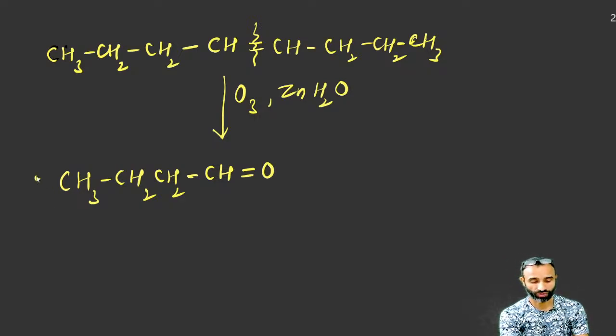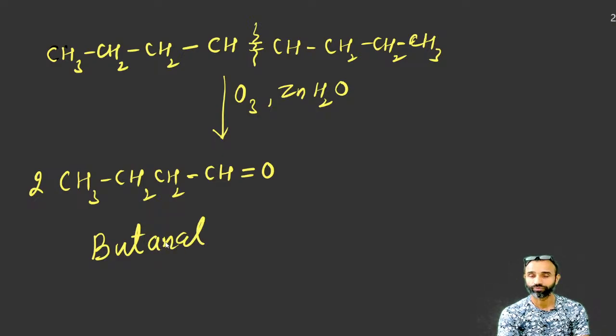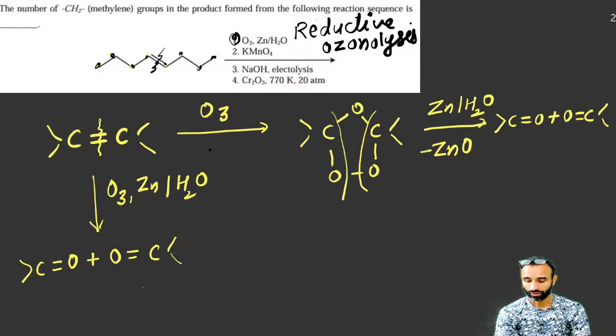So there we get two molecules of butanal. So that means the first step of this reaction will give us 2 moles of butanal.